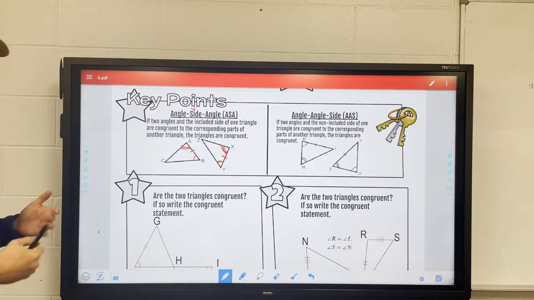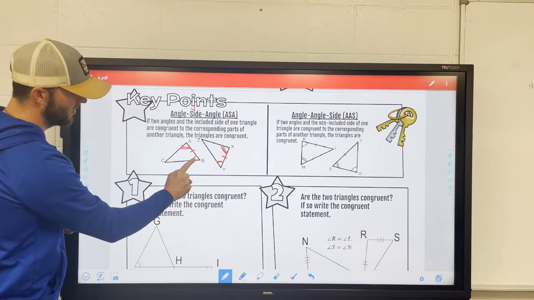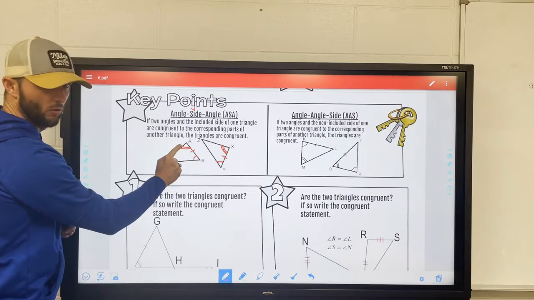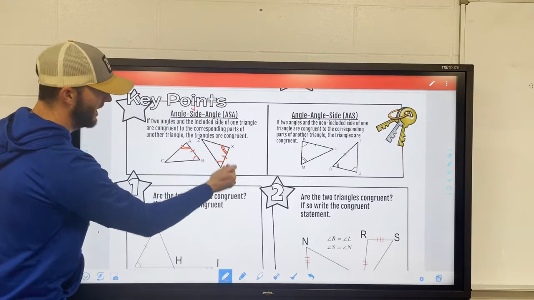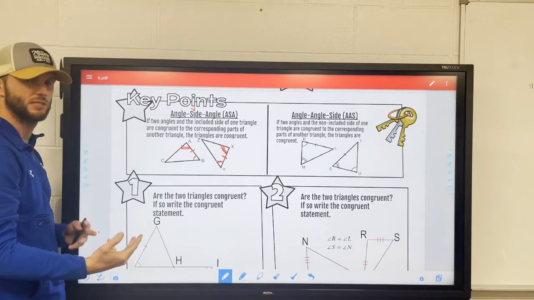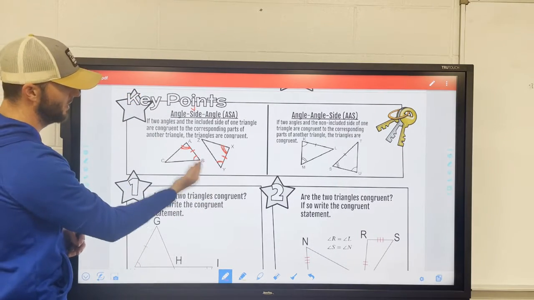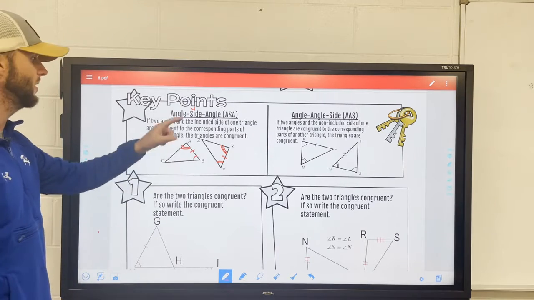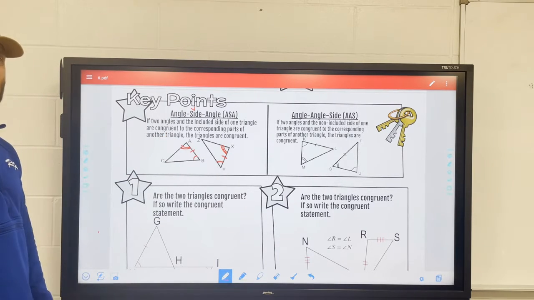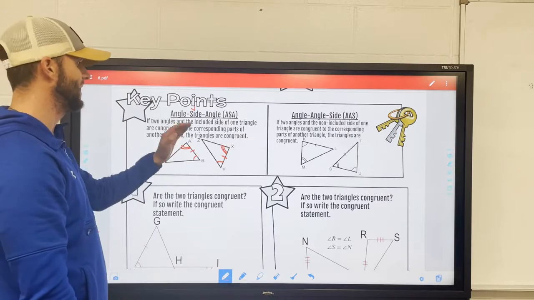Pay attention to the order: one notch angle, side, two notch angle. It follows the same pattern. Since all of that looks the same, these two triangles are congruent by angle, side, angle, knowing that the side is included.